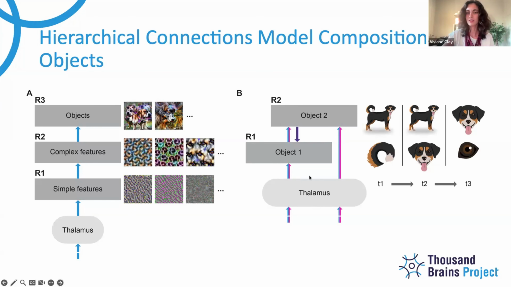Our sensors are moving all the time, and both features and movement are integrated in the same region. So while it might sound like a small twist to say hierarchical connections model compositional objects, it is actually quite a different conceptual way of thinking of hierarchy.